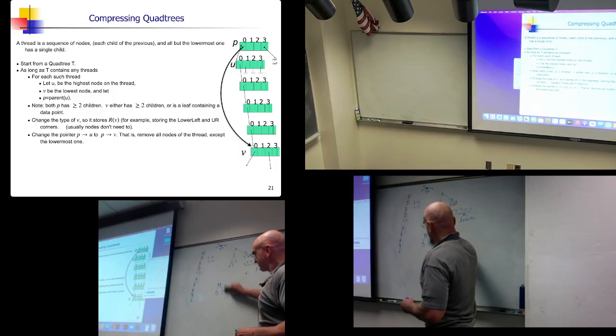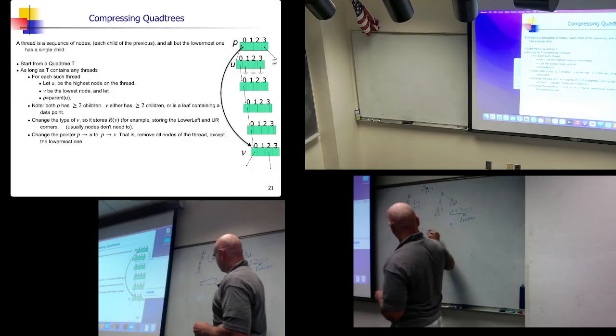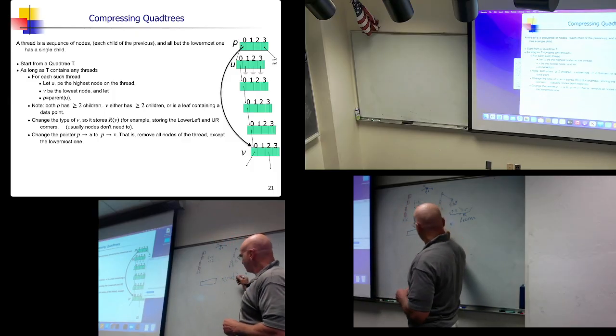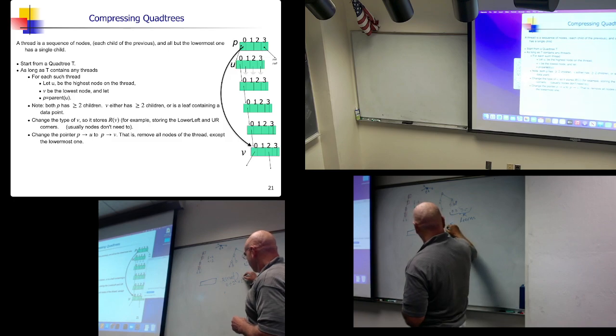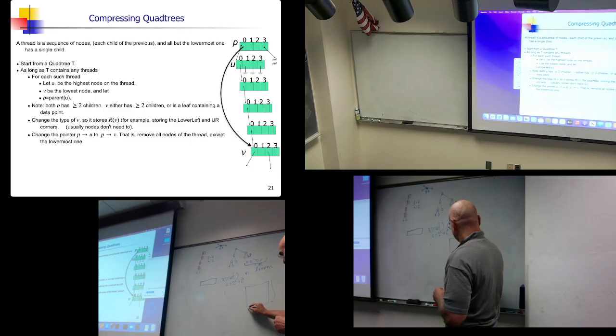Agree? Because I know that the root of the quadtree is some grid of 2 to the h times 2 to the h.